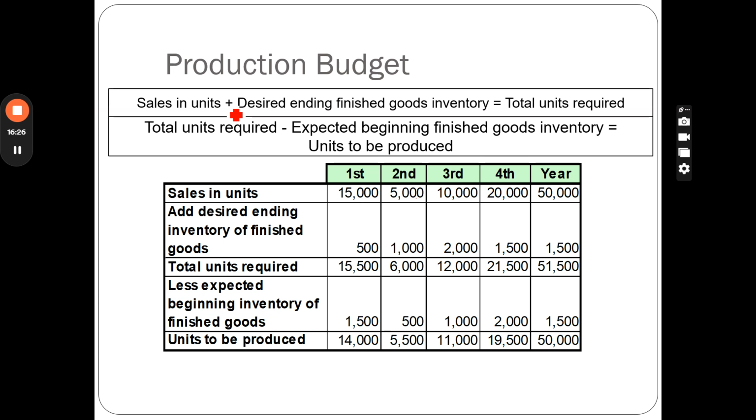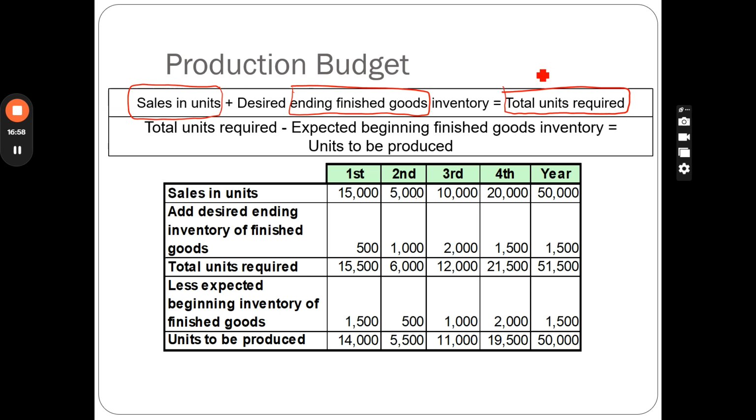As I said, you will check how many units of sales are going to happen in the coming period, plus what is the ending finished goods inventory required by the end of the period. So this is what actually I have to produce. Total units required is sales in units plus desired ending inventory. But now we will check, okay, I need this many units.